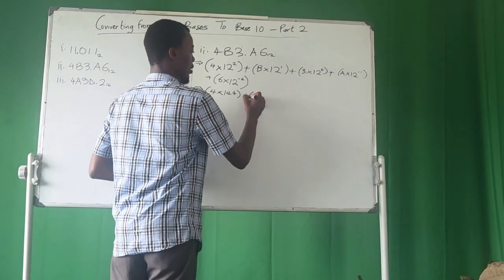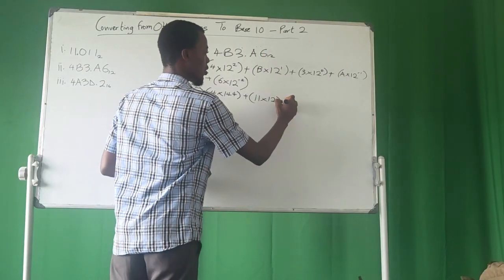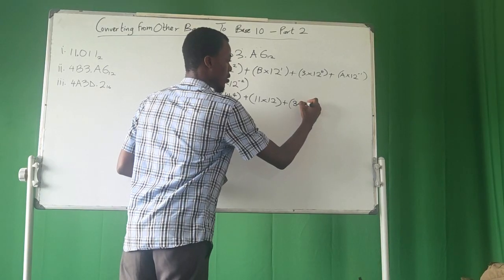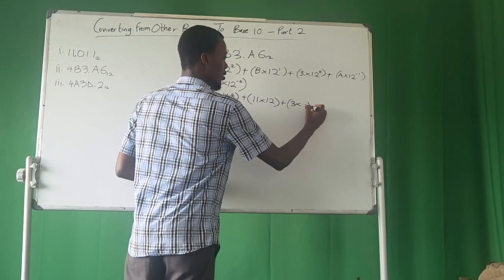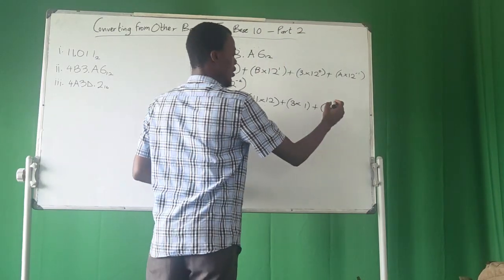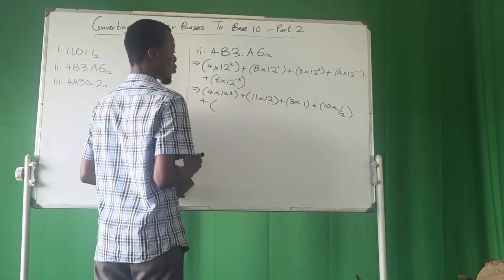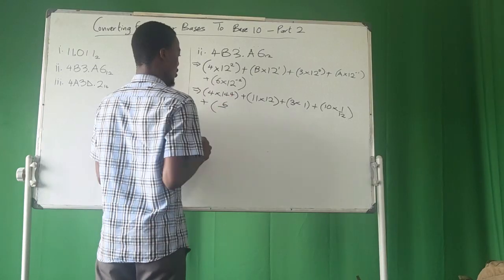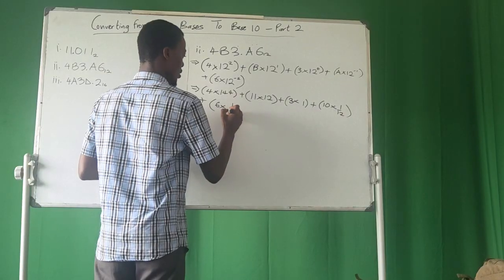Since it's B, you can write 11 times 12. 12 exponent 1 is 12, plus 3 times 12 exponent 0, which is 1, plus A, which is 10, times 12 exponent minus 1, which is the same as 1 over 12, plus 6 times 12 exponent minus 2, which is the same as 6 times 1 over 144.